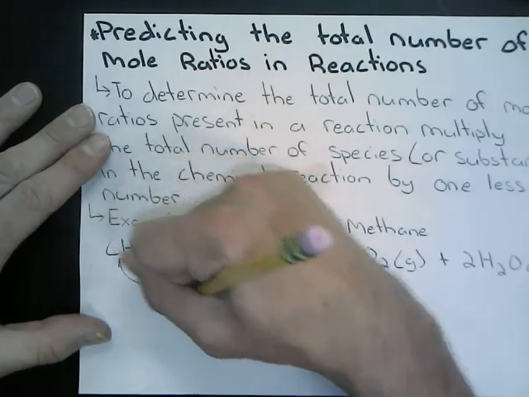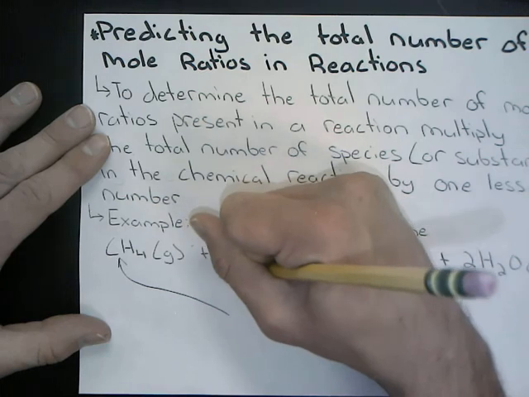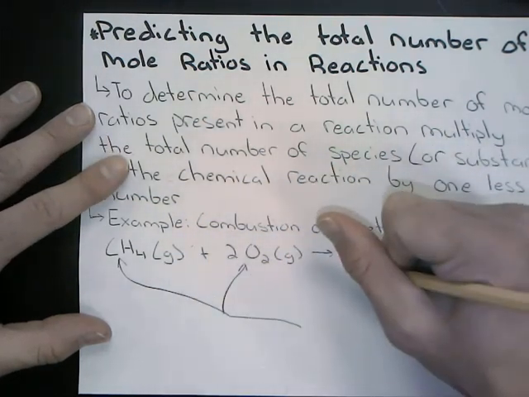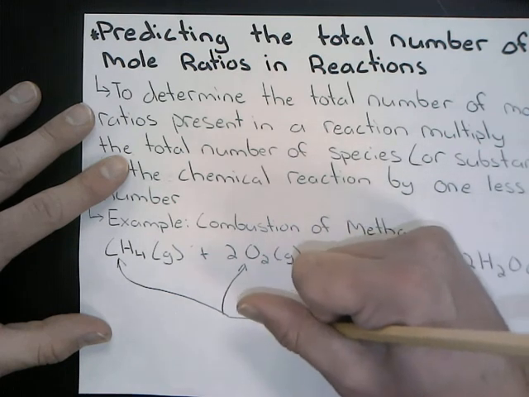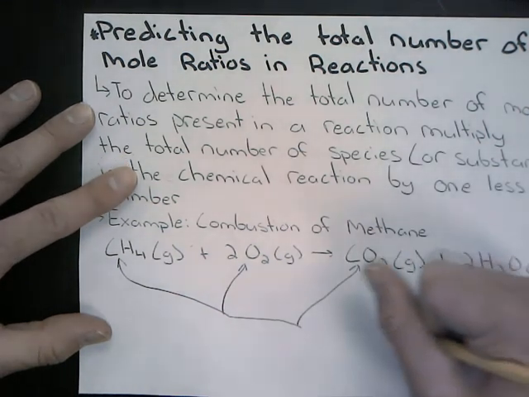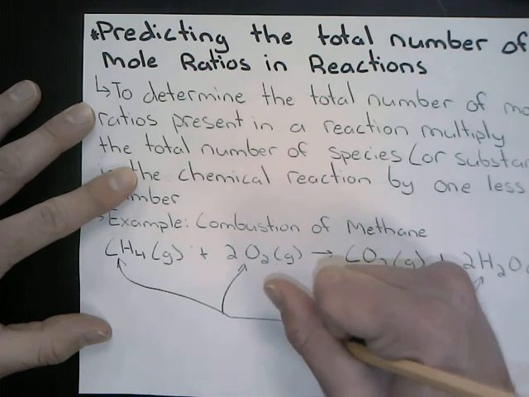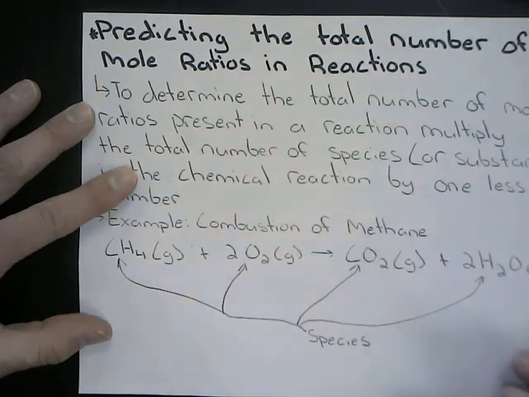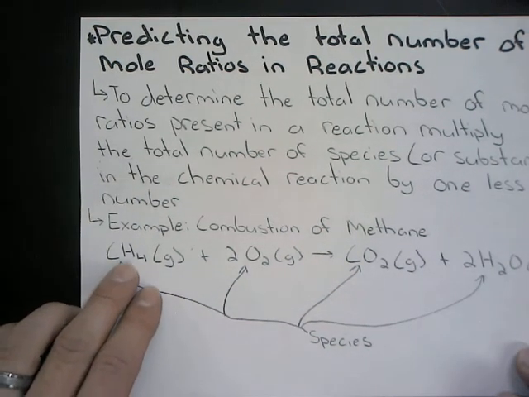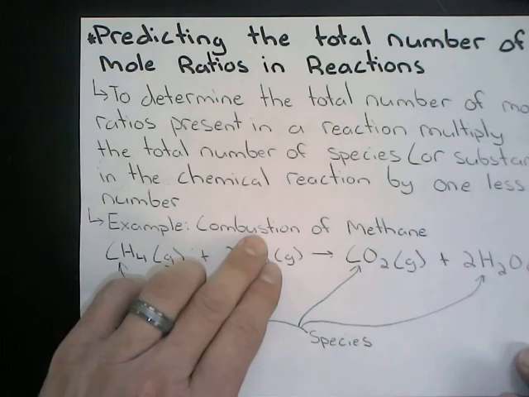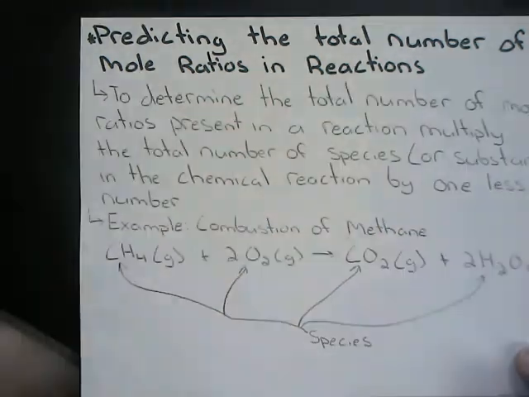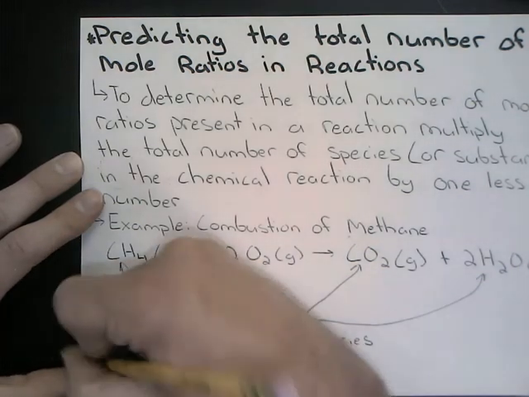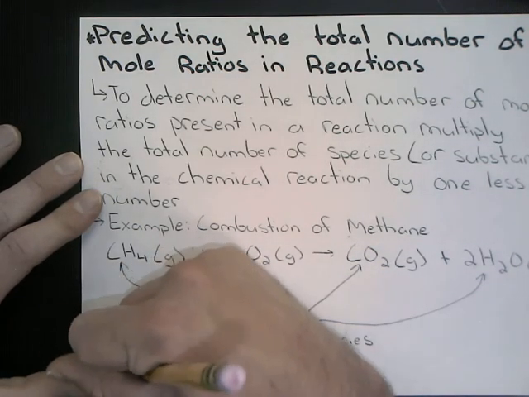Each item that we deal with is going to be a species. So all we need to do to find the total number of species is count them. So we have 1, 2, 3, 4. Now we don't include the coefficients, we just include the substance itself. So in this particular equation, we have 4 species.